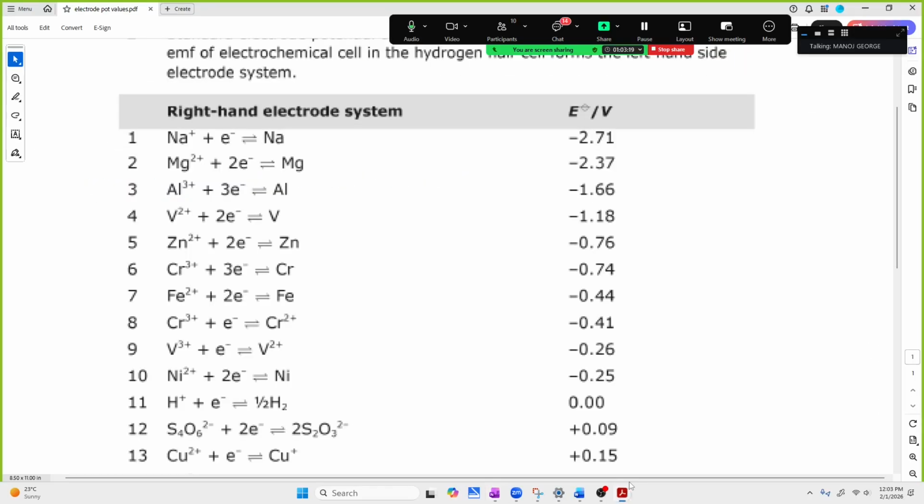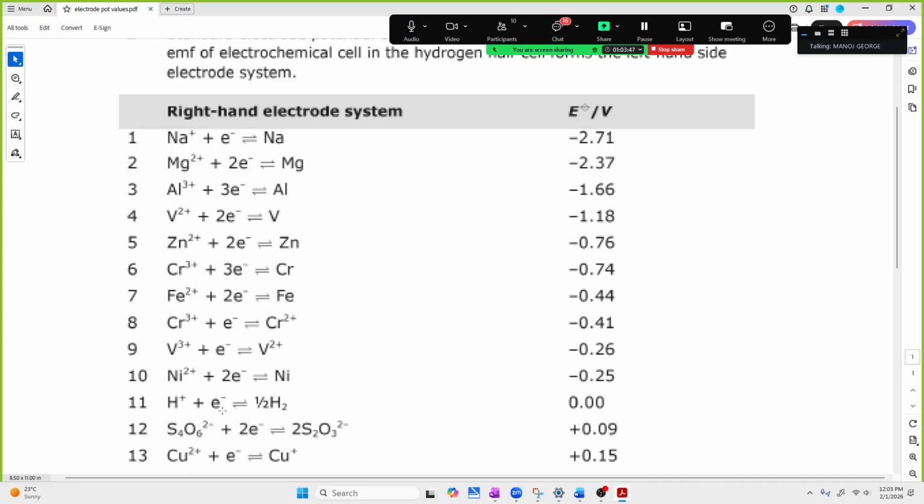Okay, so let's go back here. Can you see the equation of the standard hydrogen electrode? Can you see the equation there where the value is 0.00? Please give me yes or no. Equation number 11. Do you see equation number 11? Okay. So I don't have to memorize any equation. I'm just going to copy this equation.